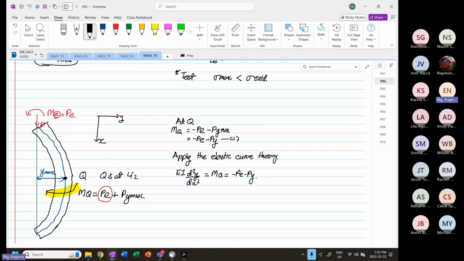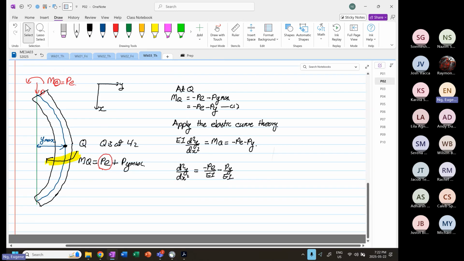And then when we rearrange this, we have d squared y over dx squared is equal to minus PE over EI minus PY over EI. Then rearrange this.